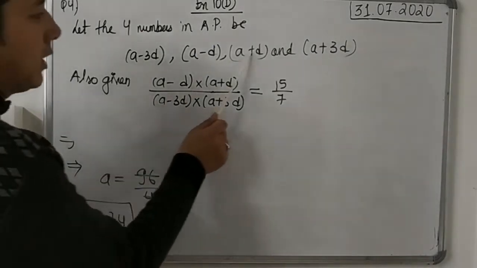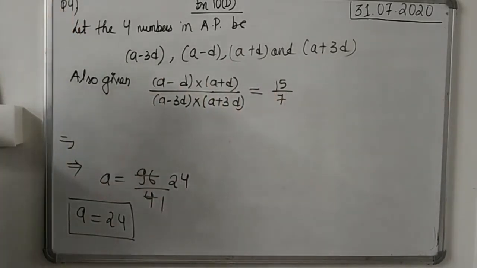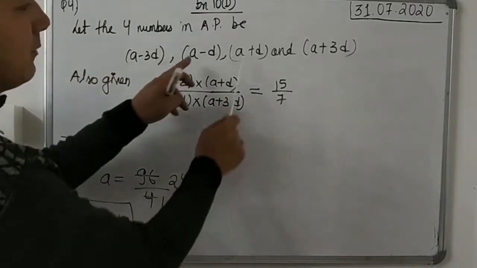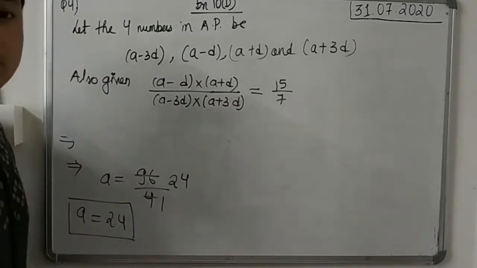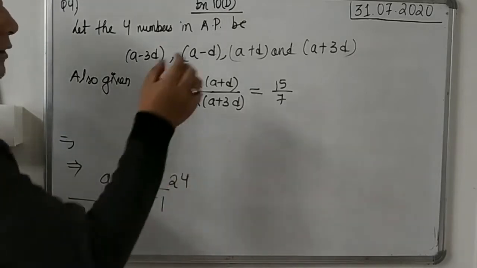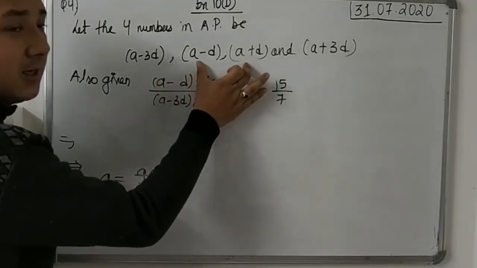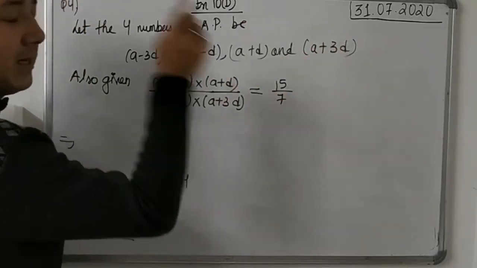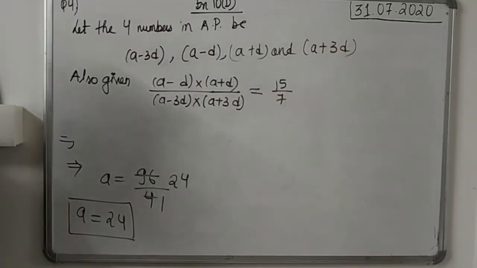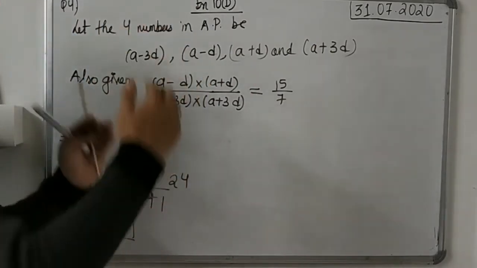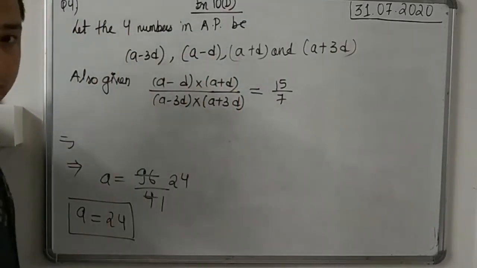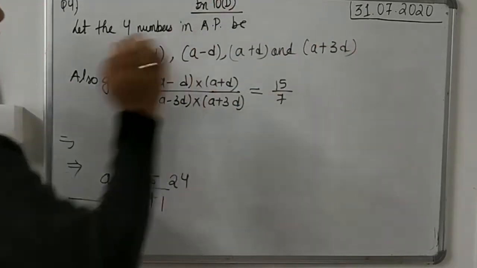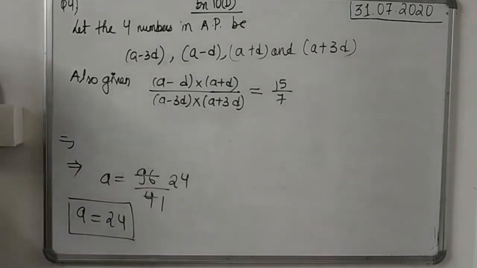Among the 4 numbers, the extremes are the first and last, and the means are the middle two. So product of means divided by product of extremes equals 15/7.